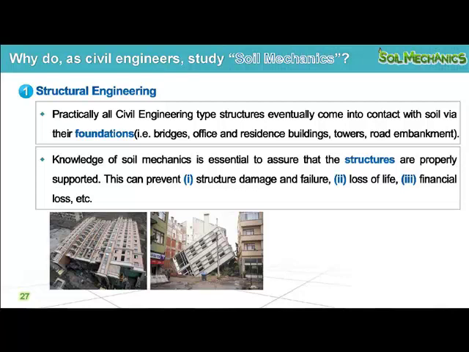So this building can have problems because of one of the above factors. What is important is the soil that supports the foundation. It cannot support the weight of the building.